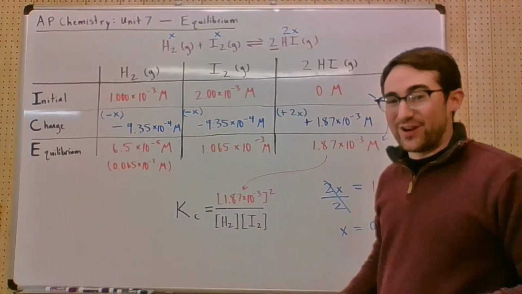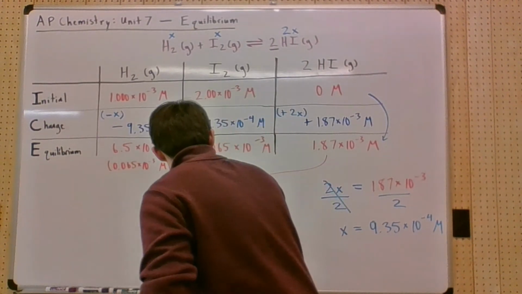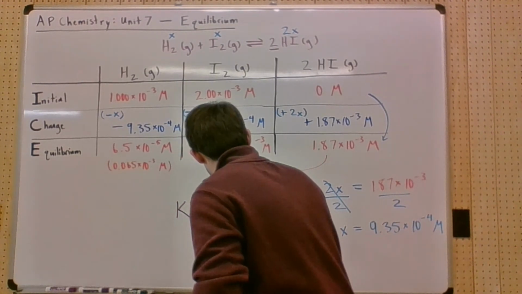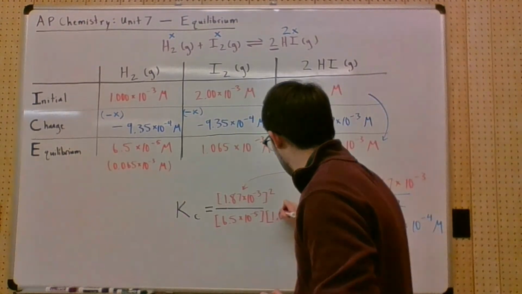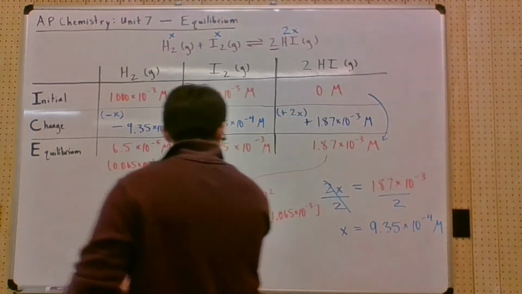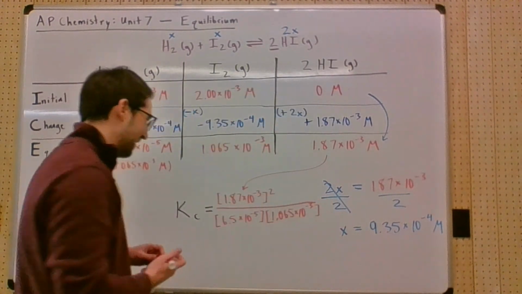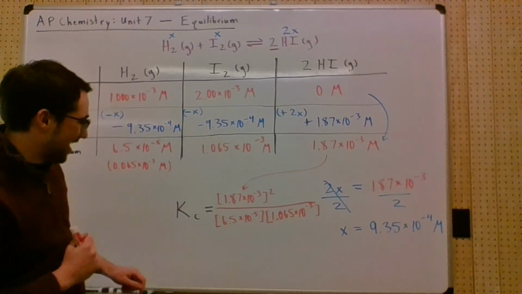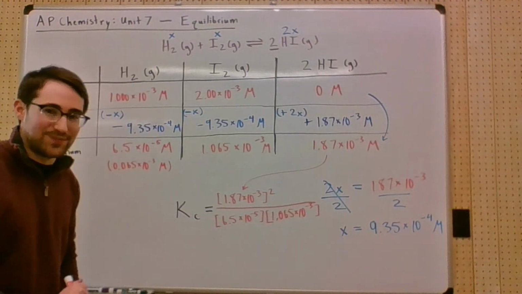Don't forget the squared and don't forget to drop your units. So 1.87 times 10 to the negative 3rd squared divided by 6.5 times 10 to the negative 5th times the 1.065 times 10 to the negative 3rd.